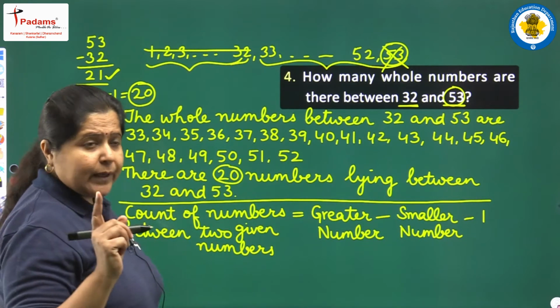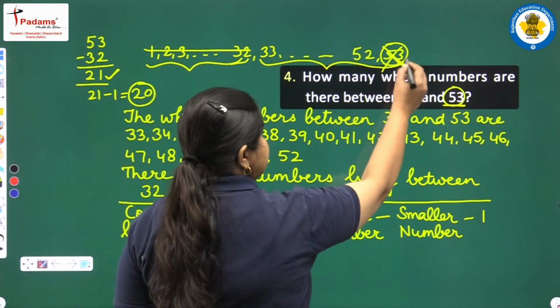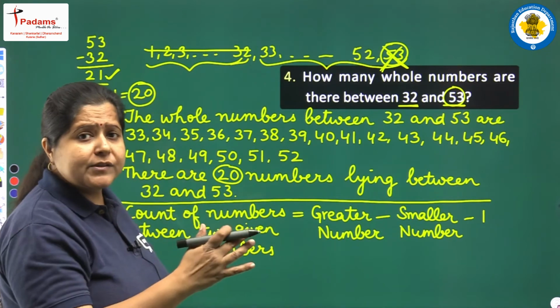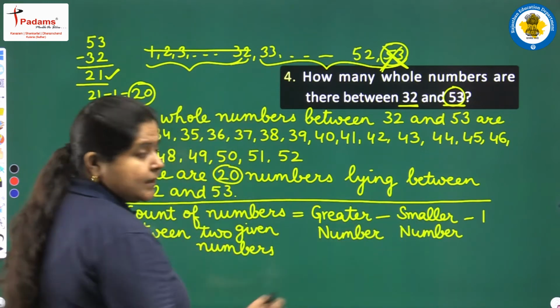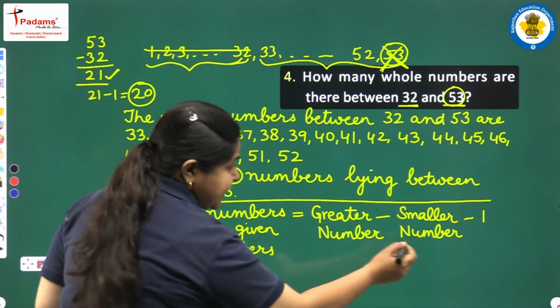Why are we subtracting 1 here? Because this 53 was included, we need to remove it also from the counting.